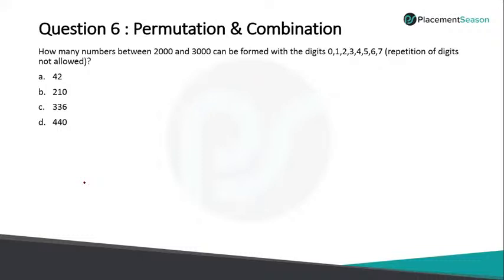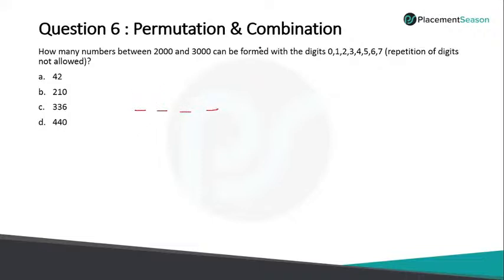That's it, right? A 4-digit number we have to form between 2,000 and 3,000, right? So let us take 4 places, 1, 2, 3, and 4 places. Okay.